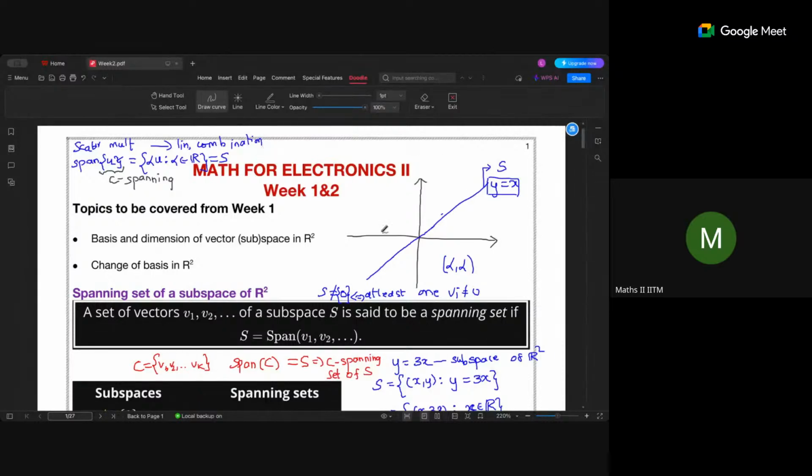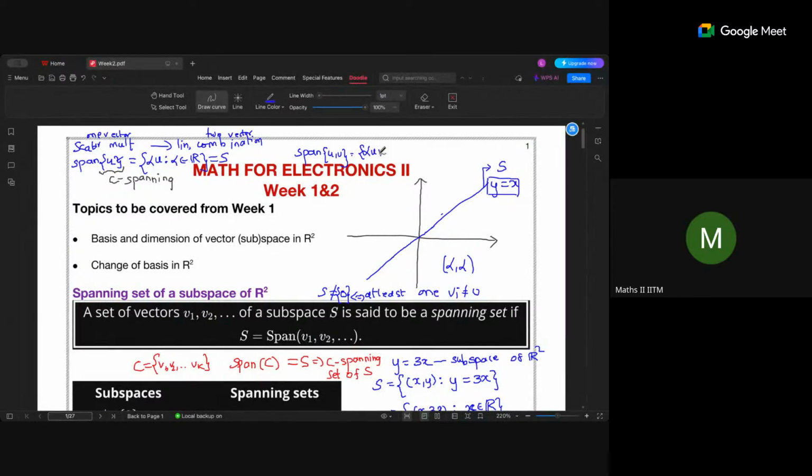Suppose you have your entire R2, then you need at least two vectors. So for two vectors, what is the definition of span? Can anyone tell? When you have one vector, you have scalar multiplication. When you have two vectors, you have what is called linear combination, right? Ma'am, is it alpha u plus beta v? Yes, exactly.